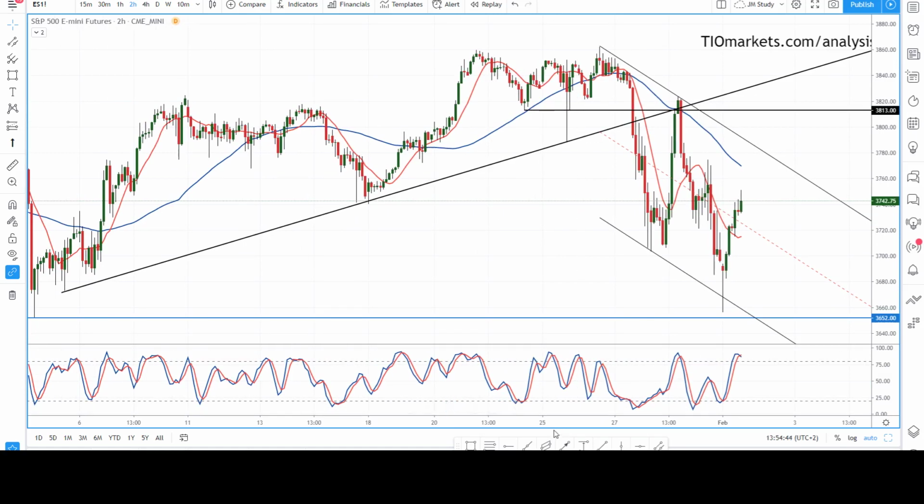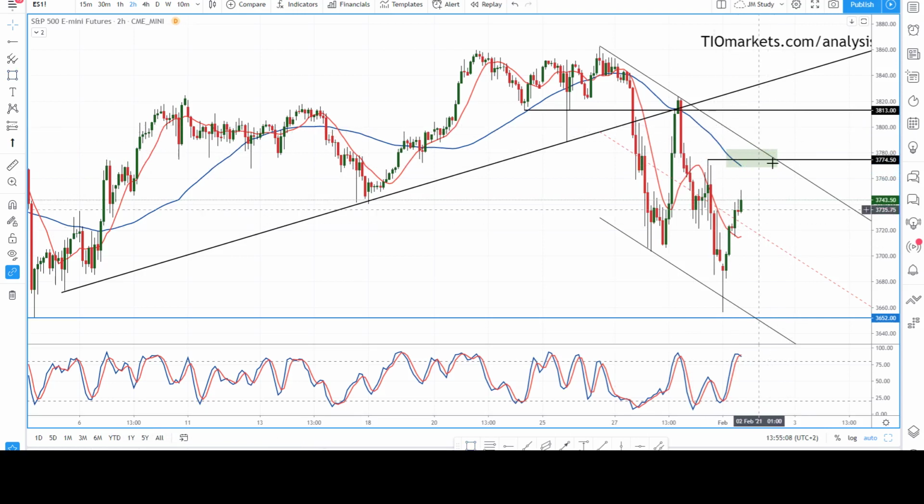And at the moment, what sticks to my eye here is this high. That's 37.74 roughly, and you have the 50 period moving average there, and you're not too far from that channel high either. So I would say this is obviously a highly interesting and important level there.